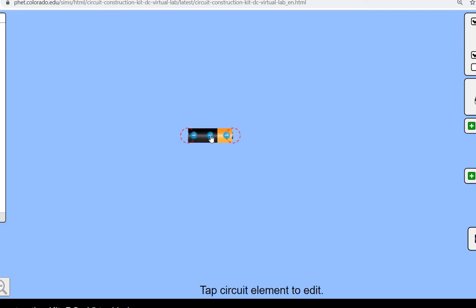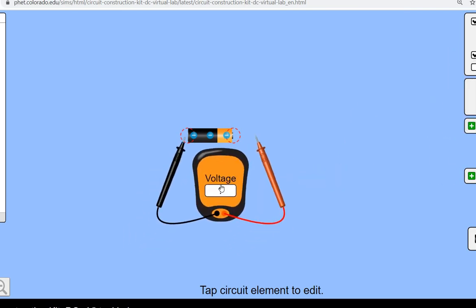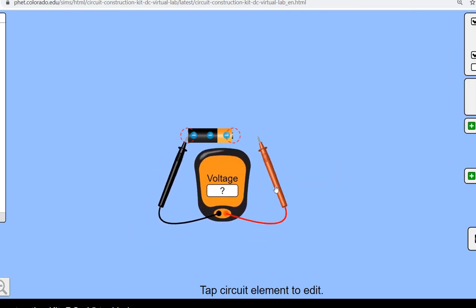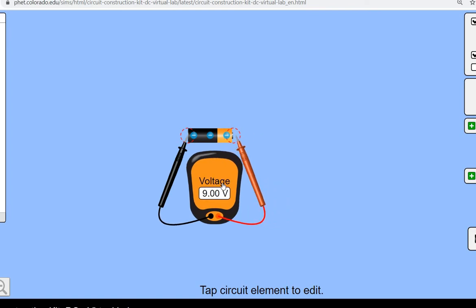Let's assume this is your battery, and if you find the voltage across the battery when there is no current, you find that it's about 9 volts.